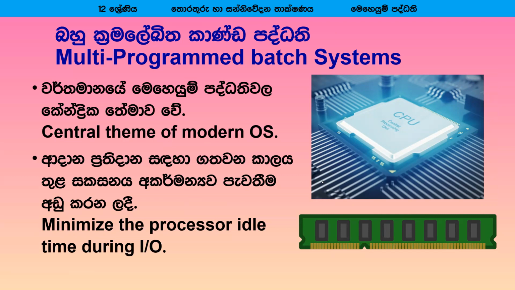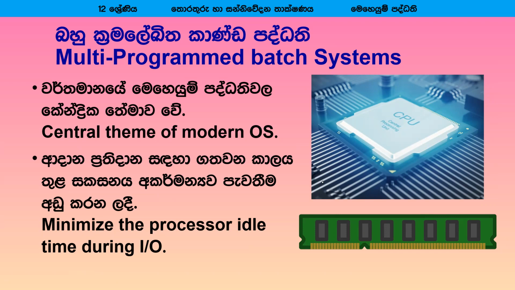So random access memory, or the main memory, is the one keeping the programs inside it, and the CPU is the one executing the programs. An operating system has access to both components. So the operating system can see what is inside the memory and who is running inside the CPU, right?